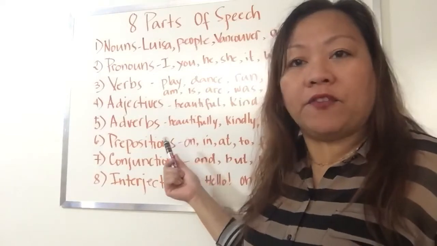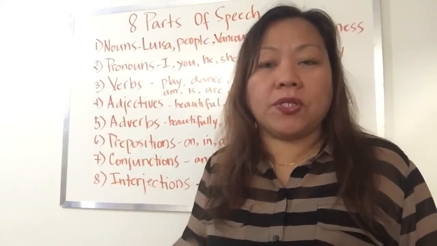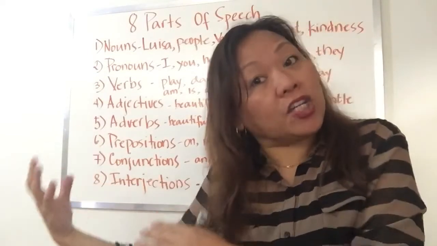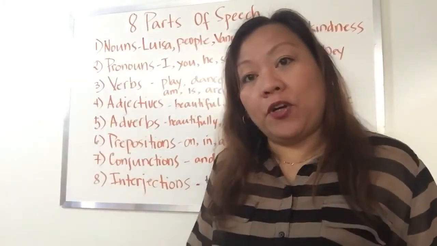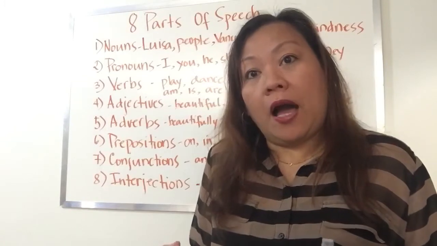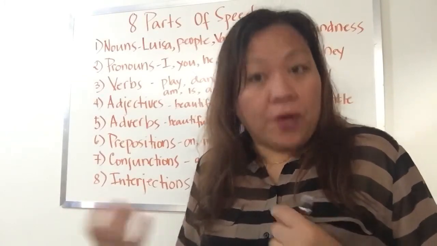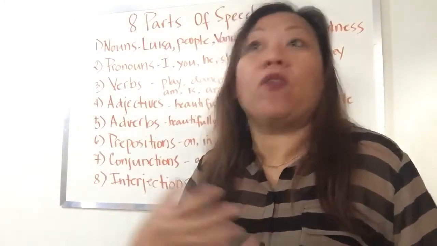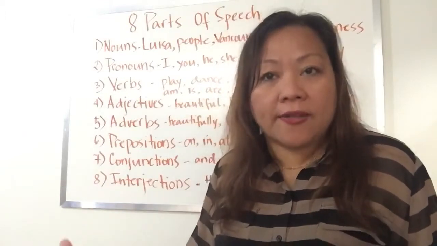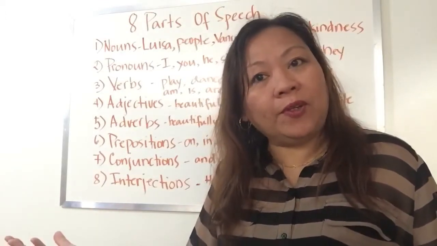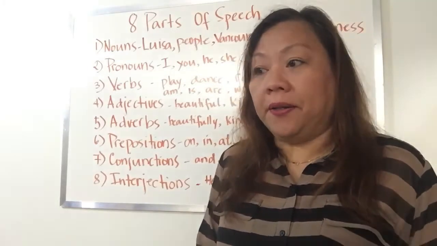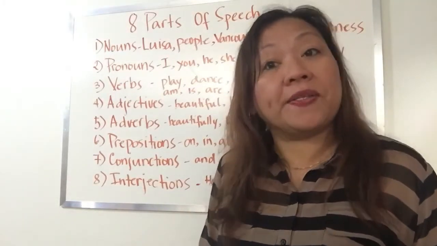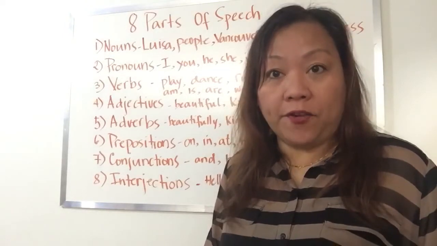But what are adverbs? Now, adverbs are words that we use to describe actions. Okay, so that's one. Or adverbs are used to describe how frequently things happen, like how frequent things happen. Okay, like always, sometimes, seldom. These are examples of adverbs as well.